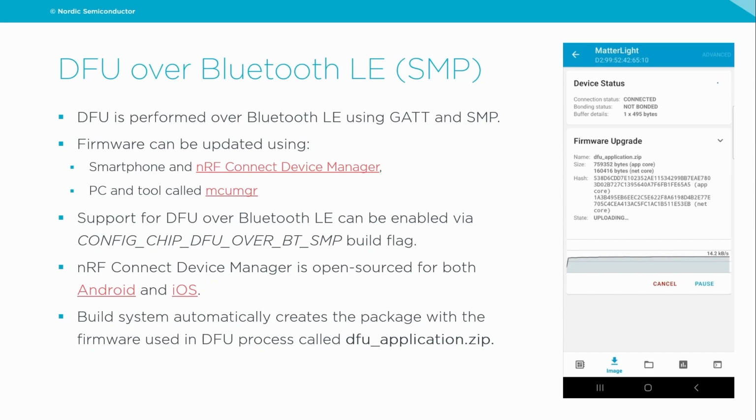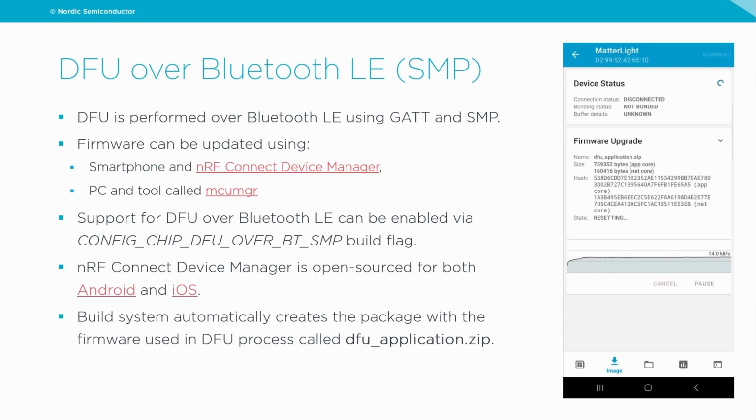The DFU package is called dfu_application.zip. On the right-hand side, you can see the simple workflow of the DFU over BLE mechanism, which involves connecting to the device that advertises over BLE, then selecting the new firmware package, and finally starting the upload process.